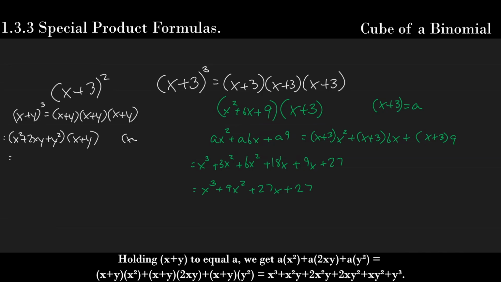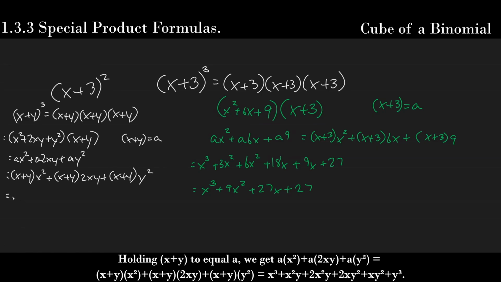Holding x + y to equal a, we get ax² + a2xy + ay², which is equal to (x + y)x² + (x + y)2xy + (x + y)y².